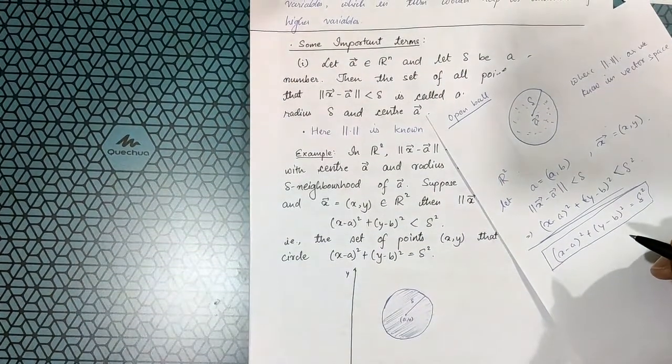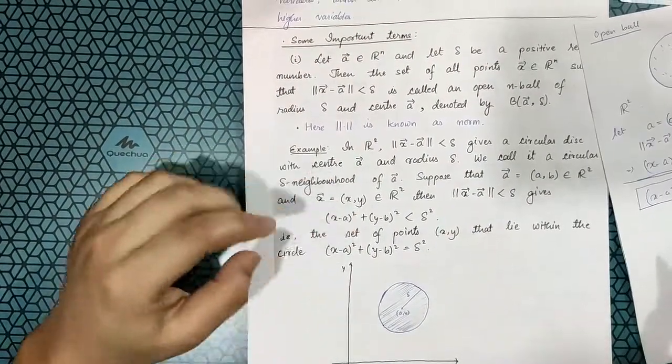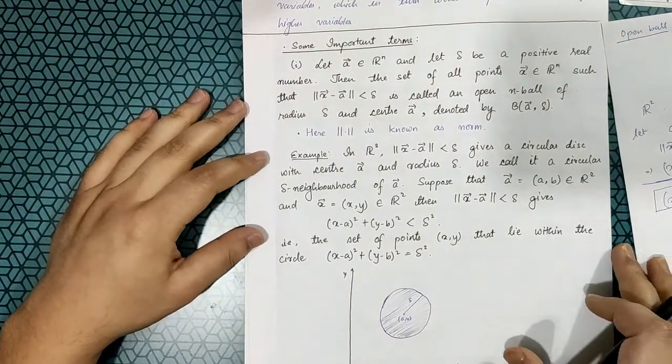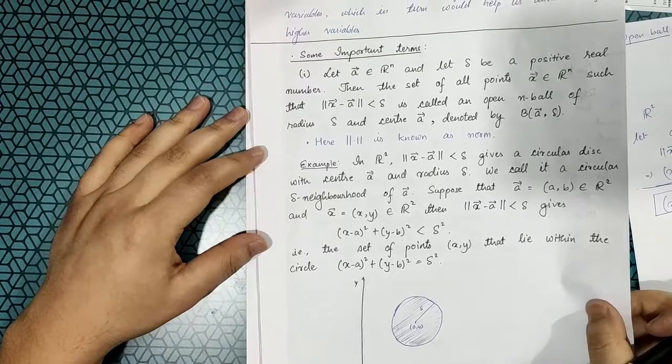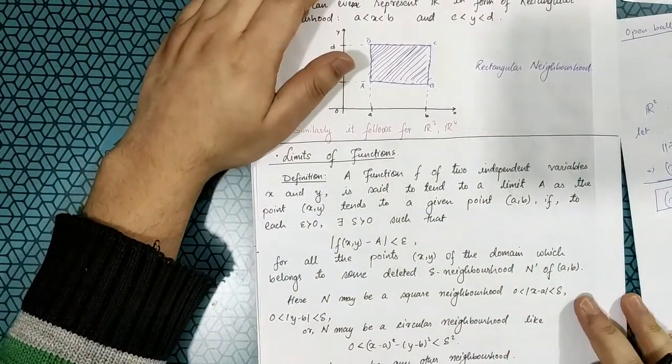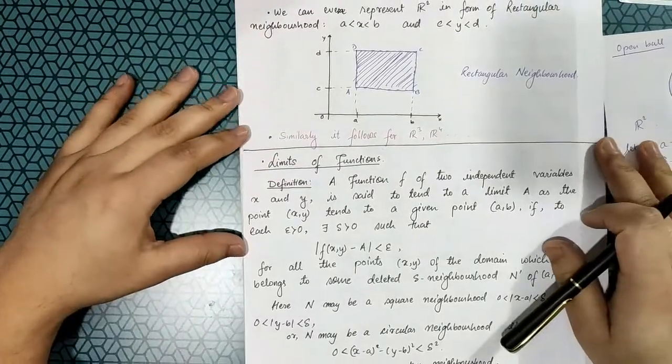So we see that an open ball with delta neighborhood is a circle basically, and that is known as open ball.